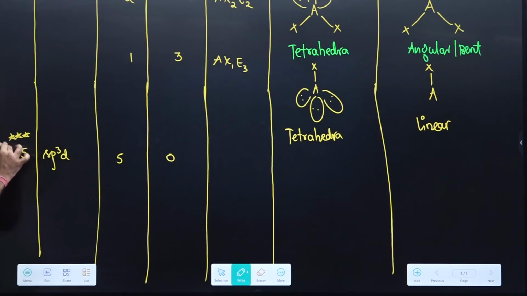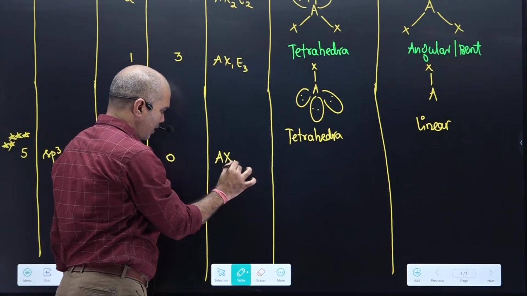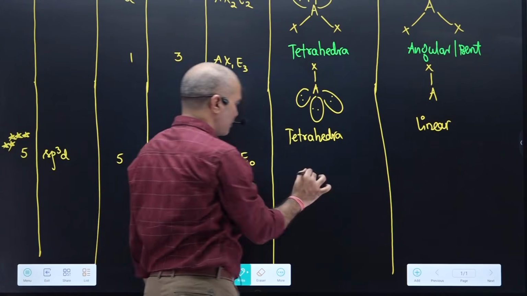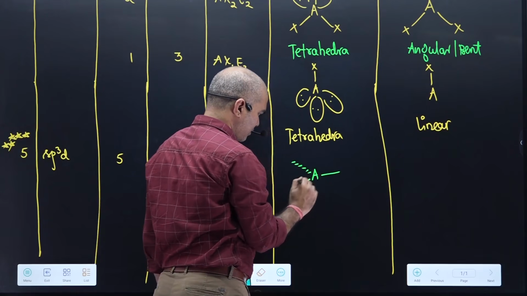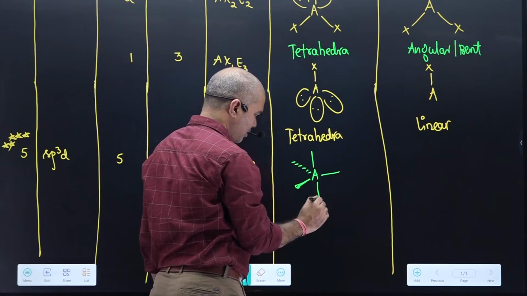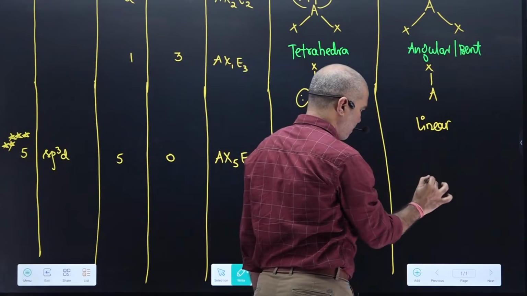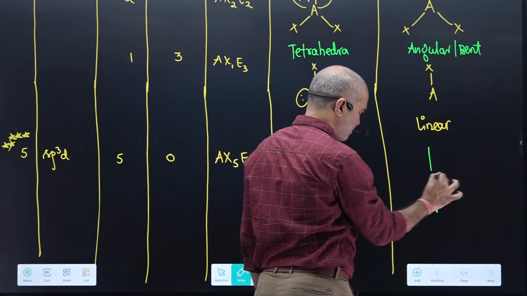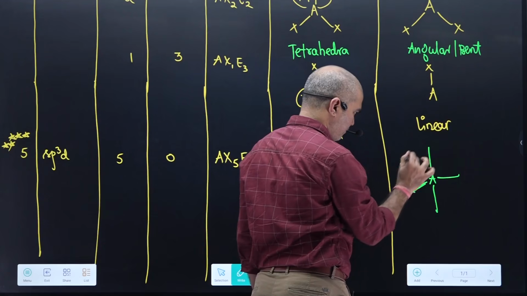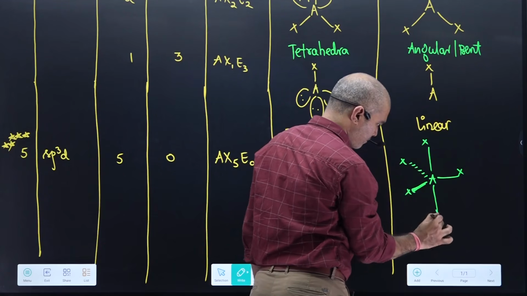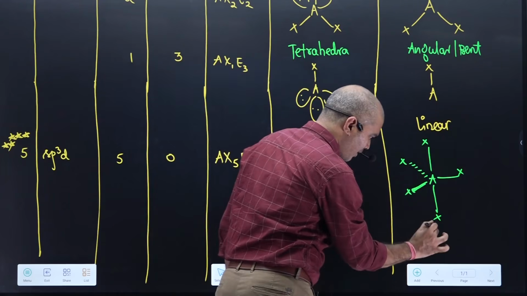Many questions appear from steric number 5. 5 0, AX5E0. This is a separate geometry we have to discuss. Trigonal bipyramidal, I am abbreviating it as TBP.